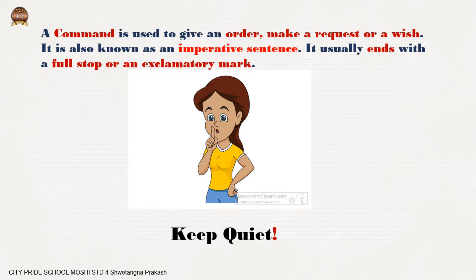Your mother also can do that when she's watching television and you are unnecessarily fighting with your sibling. Her keep quiet will have some emotion laced with anger. That time you can put an exclamation mark. But there is one thing common: it starts with the base verb. Remember that. Command.